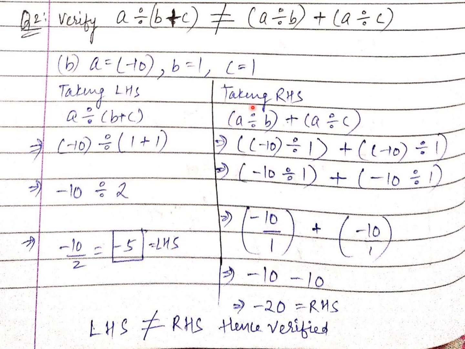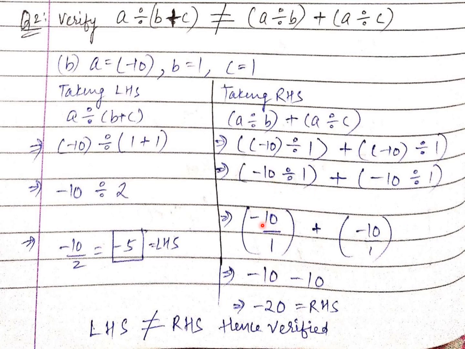Now we will find the right hand side, which is this part, a divided by b plus a divided by c. Again put the values of a, b and c. a is minus 10, b is 1, a is minus 10, c is 1. All the symbols are the same as they are. We have just put the values of the variables. Now let's solve them in brackets. This is minus 10 divided by 1. It becomes this only when I open the bracket. Here also when I open the bracket, it becomes this thing.